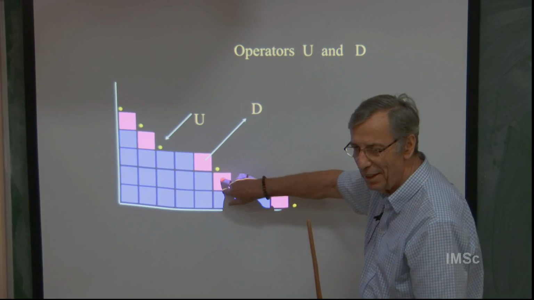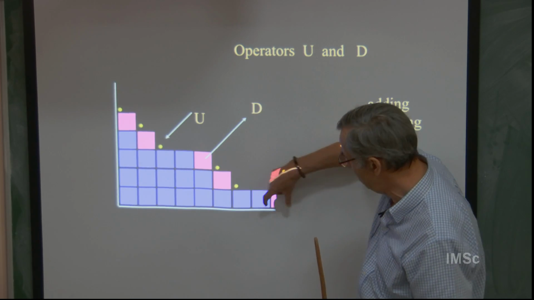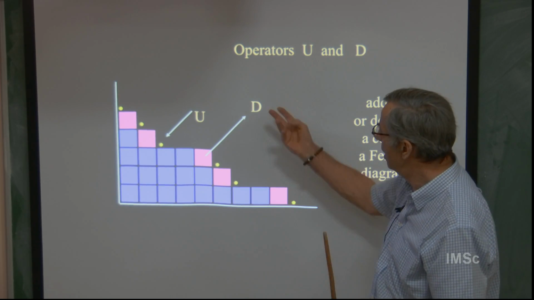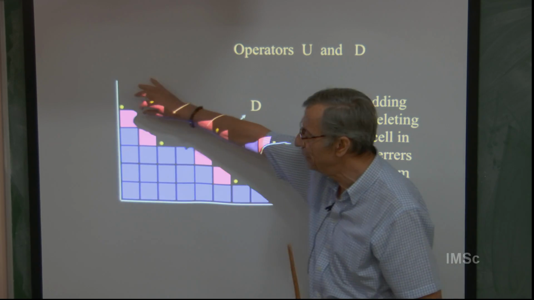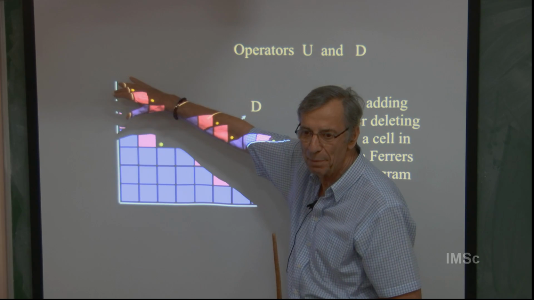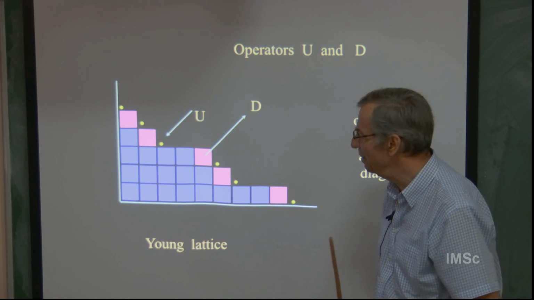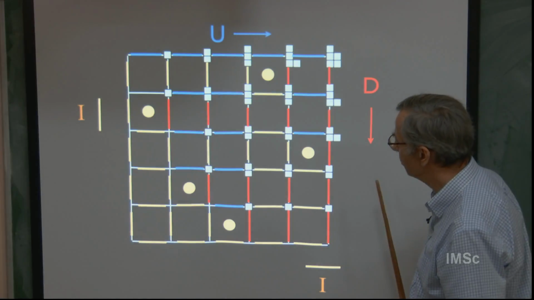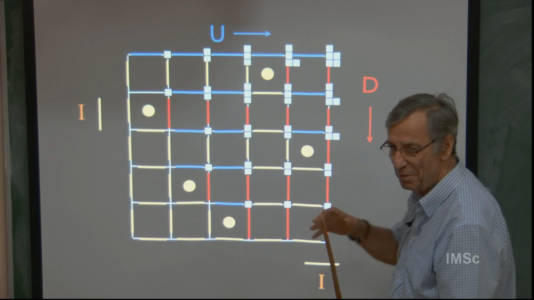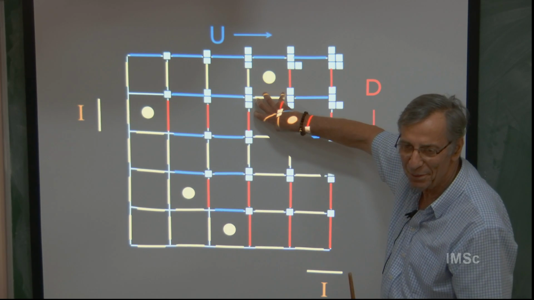So pair every corner at level I with a yellow point at level I plus 1. So you pair them two by two, and UD equal DU plus identity comes from the fact there is one point isolated at the end which is not paired. So this pairing gives you a concrete explanation of this relation, and this explanation, I speak very roughly, is put in each of these squares.